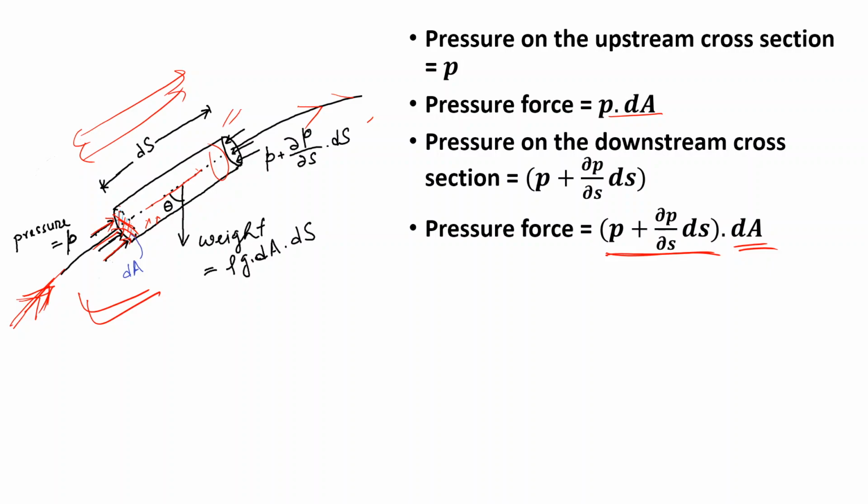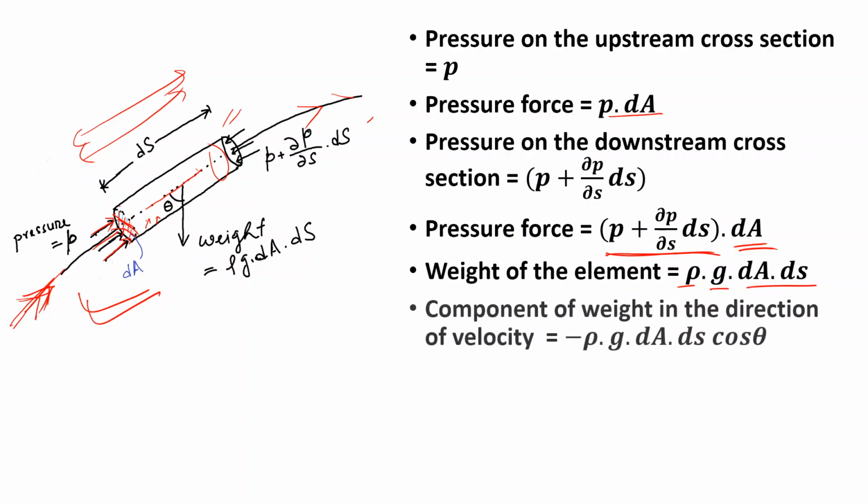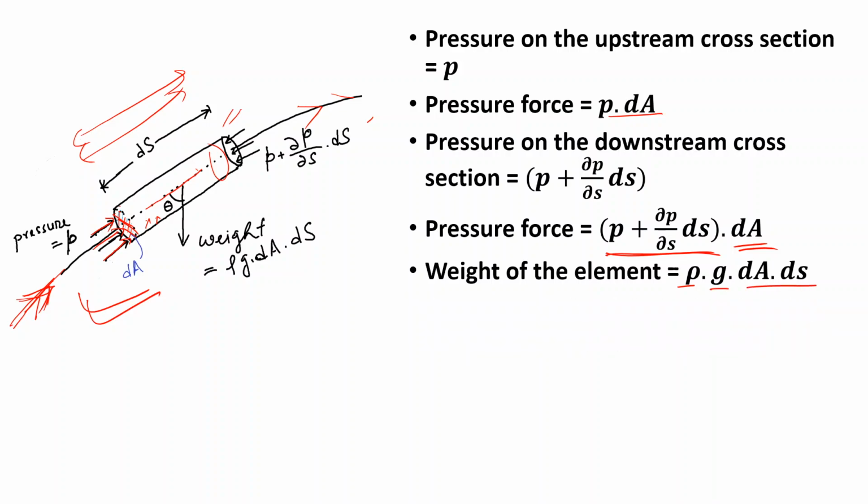Now the weight of the element, now we are talking about the gravity force. So the weight of the element is rho multiplied by g multiplied by the volume of the element, which is dA into ds. Now since we are talking about the S direction, that is this direction, therefore we have to take the component of this along the S direction.